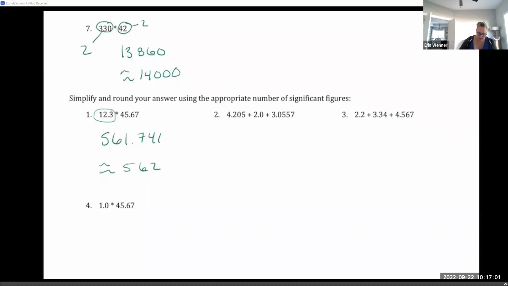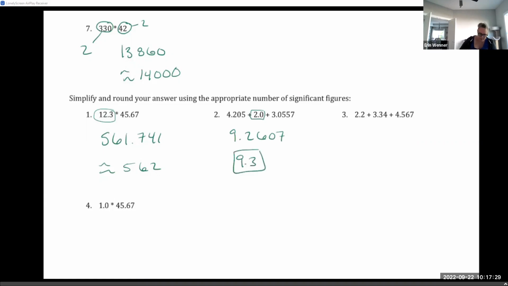So number 2, if we add these up, 4.205 plus 2.0 plus 3.0557, we get 9.2607. Because again, we're using addition, we have to go with the least number of decimal places, which is 1 decimal place. And so we would round to 9.3 here.